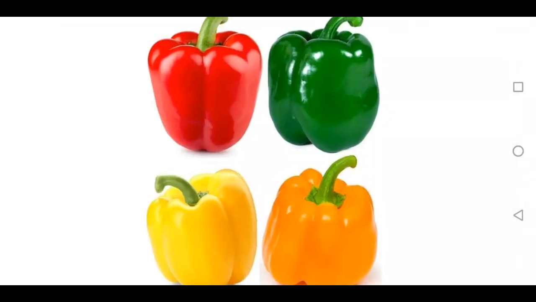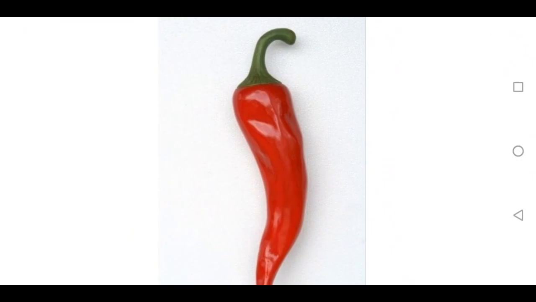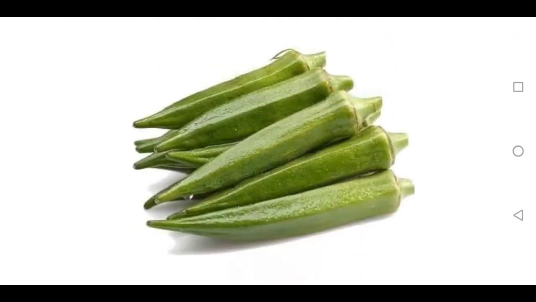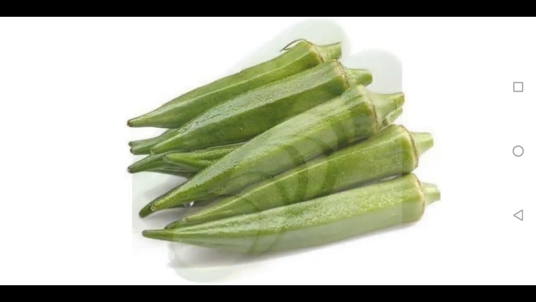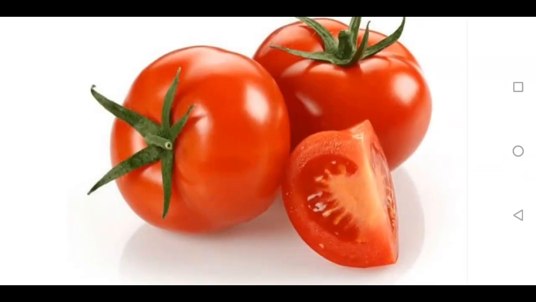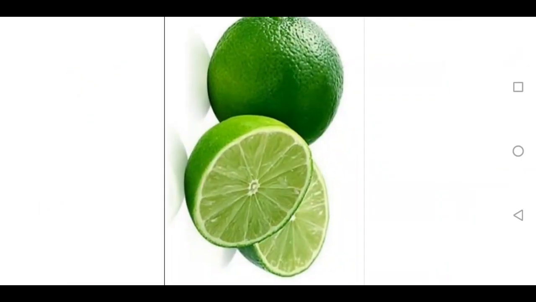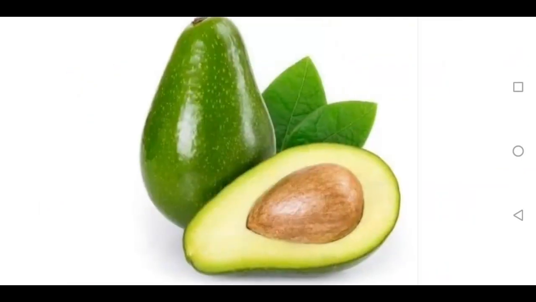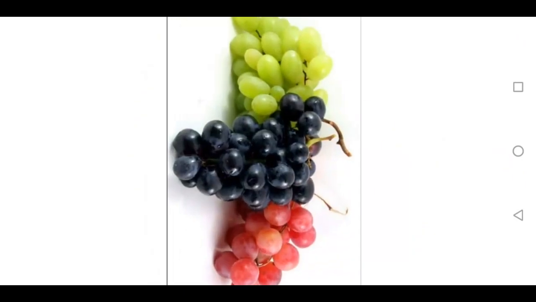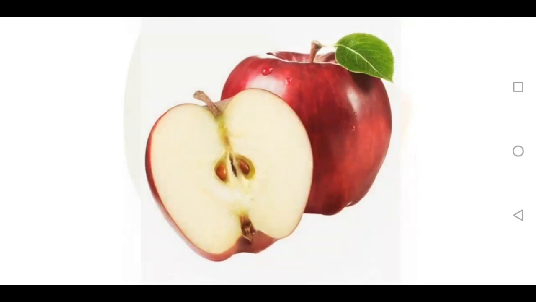From the tropical regions of Southeast Asia to the temperate climates of Europe and North America, fruit comes in all shapes, sizes, and flavors. Fruits are not just objects we eat, they are also vital components of ecosystems, providing food and shelter for countless animals and insects.